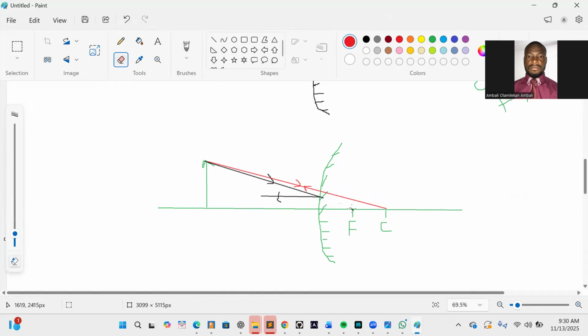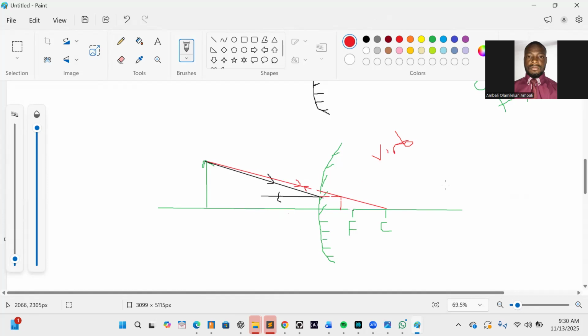So to form the image, just extrapolate the one that was parallel when it hit the mirror. It was going to the focal point, so you extrapolate backward, making sure it's parallel, to meet the other one that passes through the center of curvature, and then the image will be there. That's it. The image is still virtual, and of course it's diminished and located between the focal point and the pole.